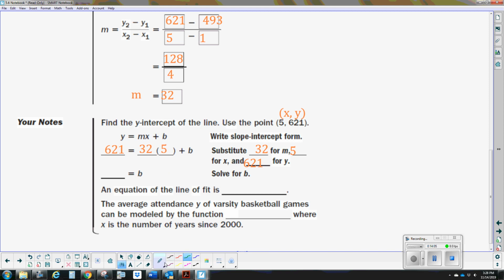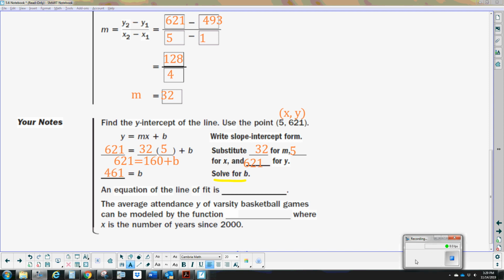Now I need to solve for b. And I get 621 is equal to 160 plus b. I'm going to subtract 160 from both sides to solve for b, and I get b is equal to 461.